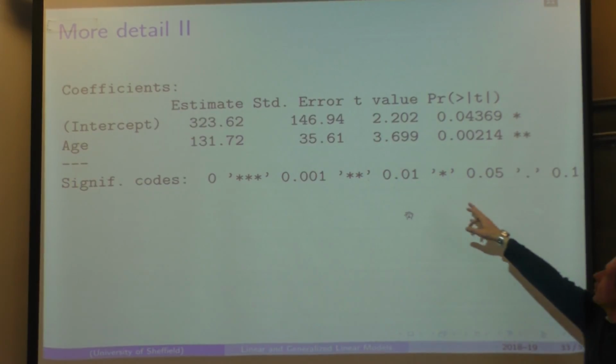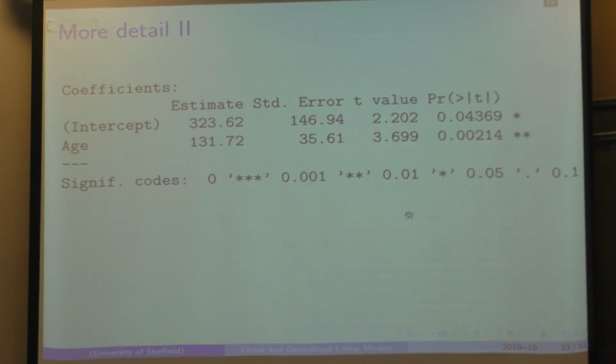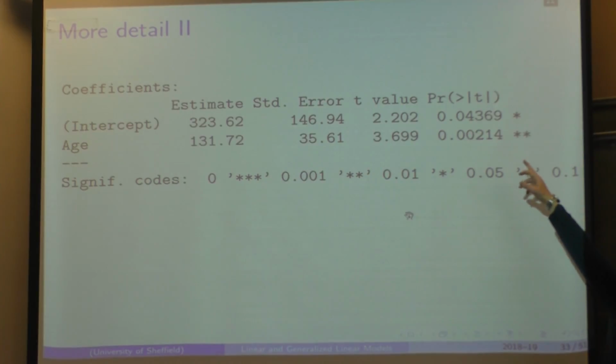Now it also gives you some things which look like the outcome of t-tests. It gives you a t-value and a p-value. The probability greater than mod t here is a p-value for a t-test.